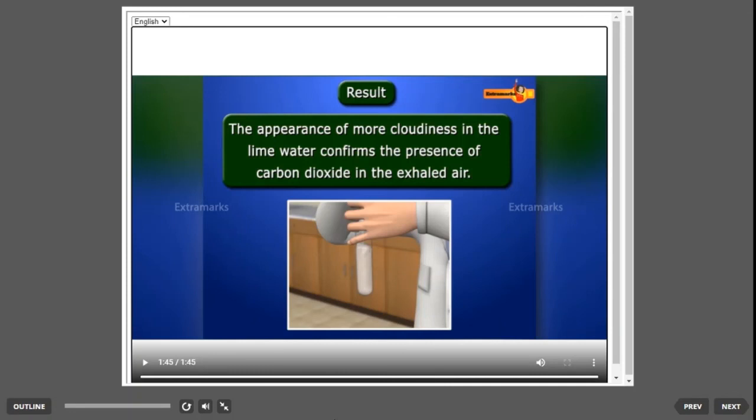So here you saw in this experiment that when carbon dioxide is passed through lime water, it turns milky in nature. This experiment we had learned in chapter 6 when we were learning about the chemical reactions of the different substances. So this is the same thing. When carbon dioxide is passed through lime water, it turns milky in nature.